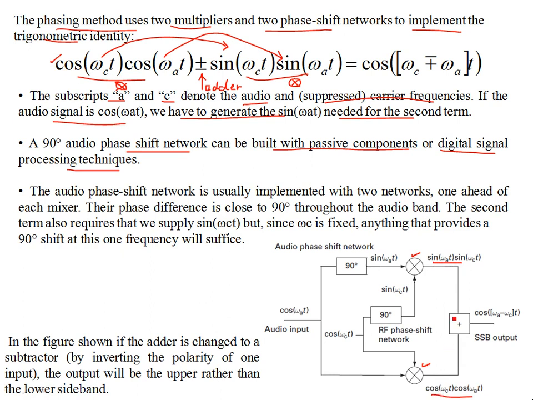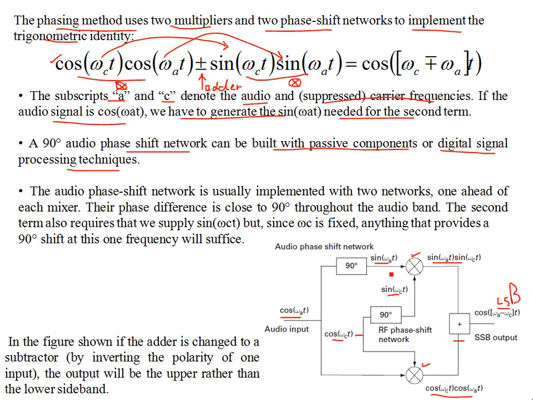If you simply add them up, you're going to produce a lower sideband. So two mixers, one adder. Sorry, this is lower side. There's one adder, two mixers and two phase shifters. If we start with an audio input, and this goes through the phase shift, this produces sine omega t, and then we have another input, the carrier over here, which also goes through a phase shift.